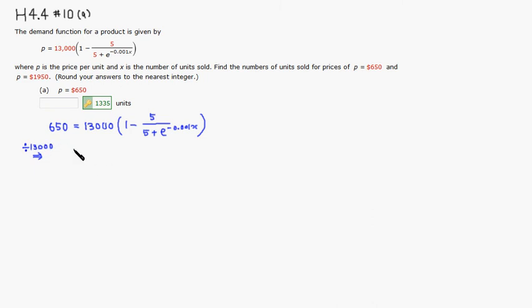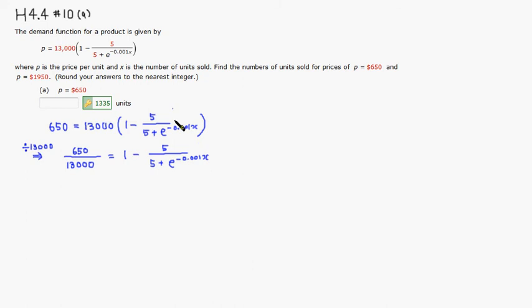So you have 650 over 13,000 is equal to 1 minus 5 over 5 plus e to the negative 0.001x.